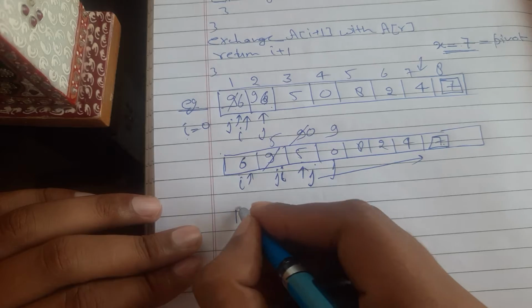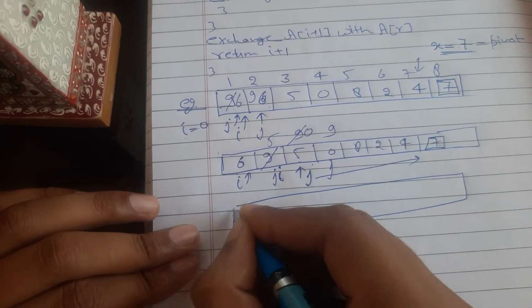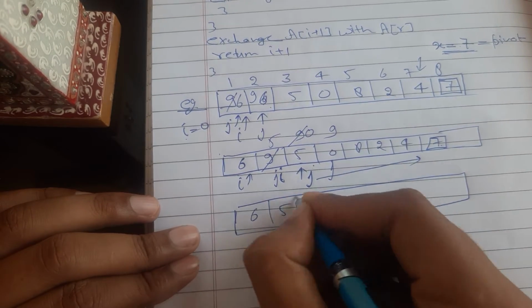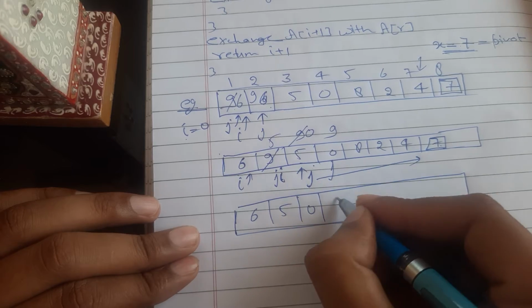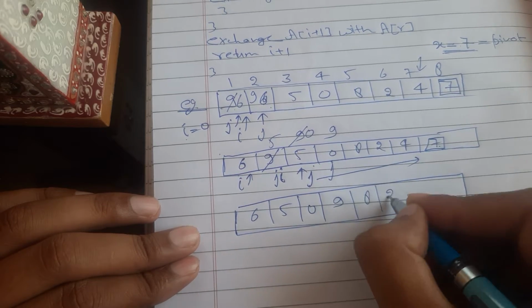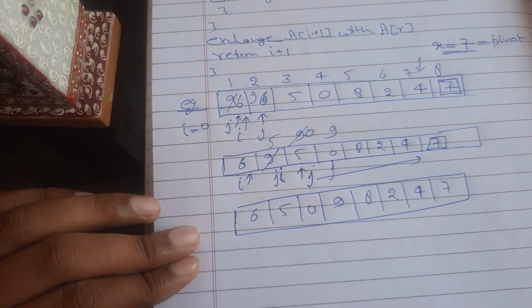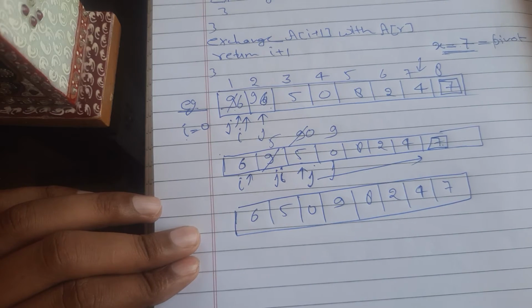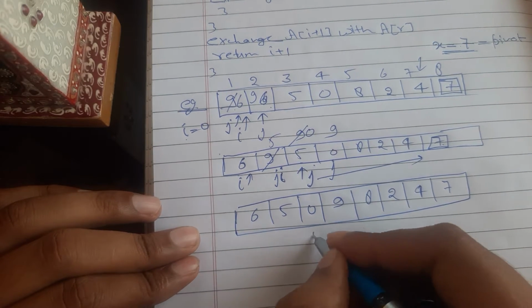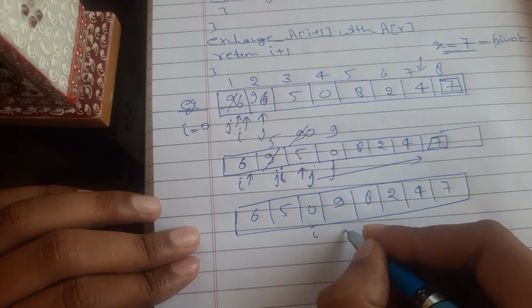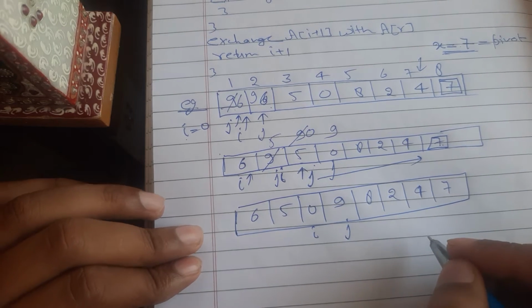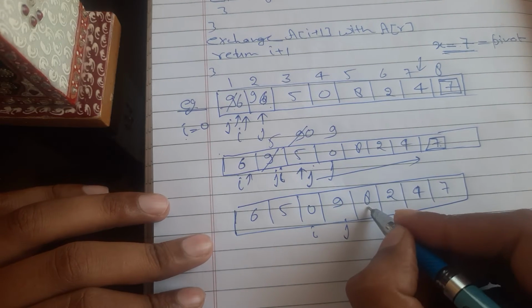So the new array is 6 5 0 9 8 2 4 7. So i is pointing here and j is pointing here. Increment j.